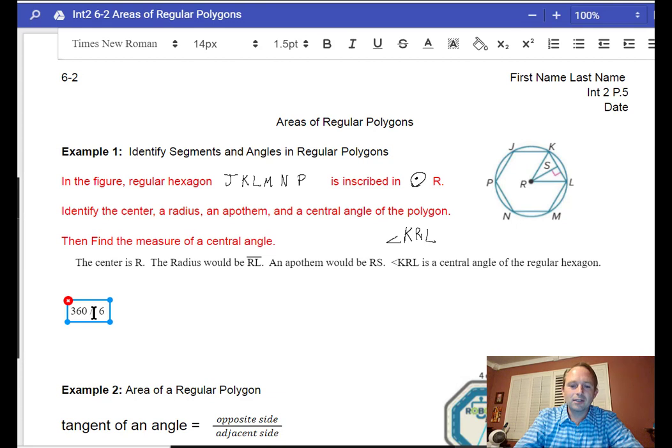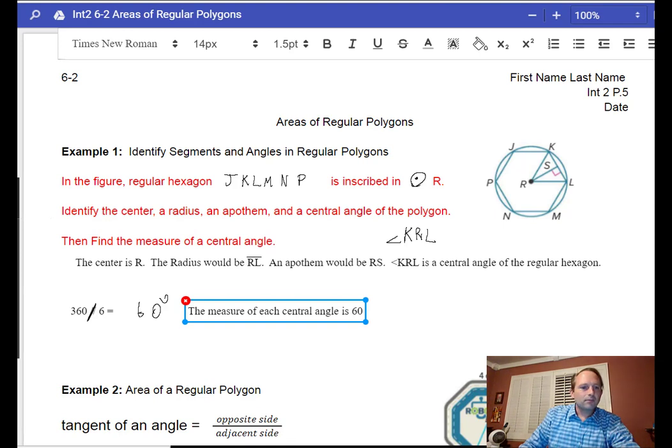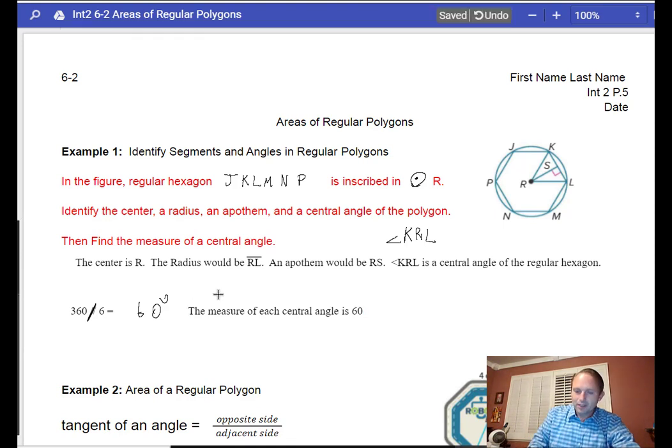And that would give us what? All right, that would give us 60 degrees. And there should only be one division bar right there. That's the central angle right there. So the measure of each central angle is 60 degrees. All right, there we go.